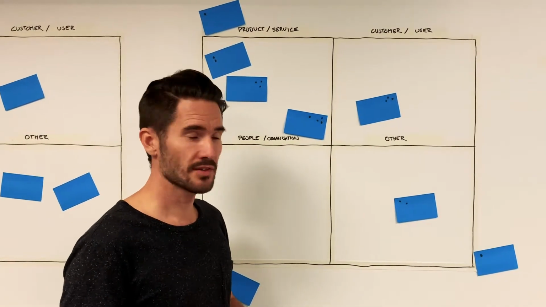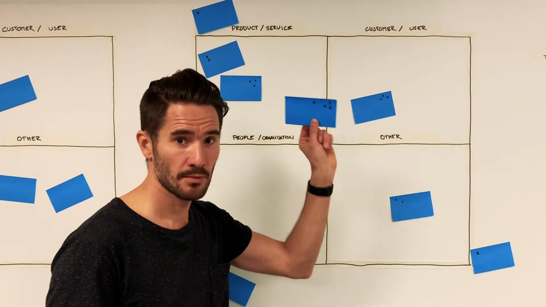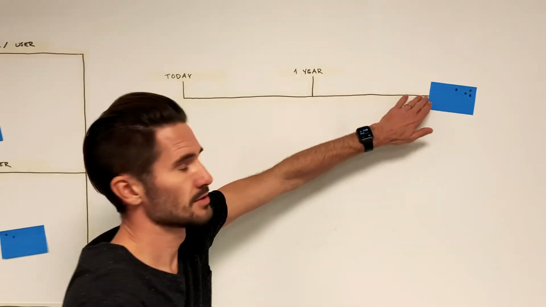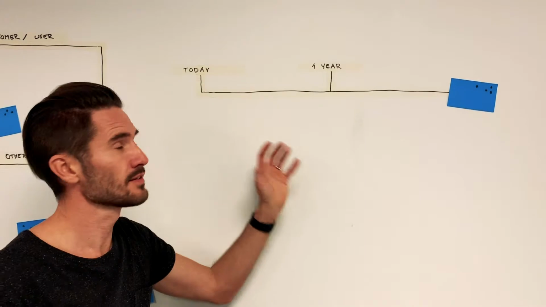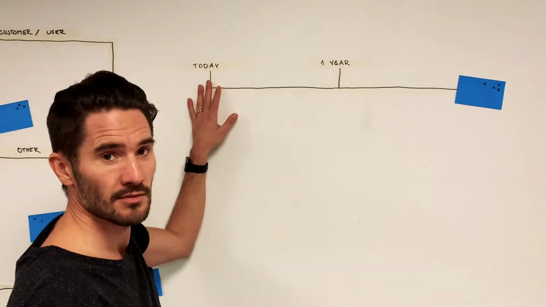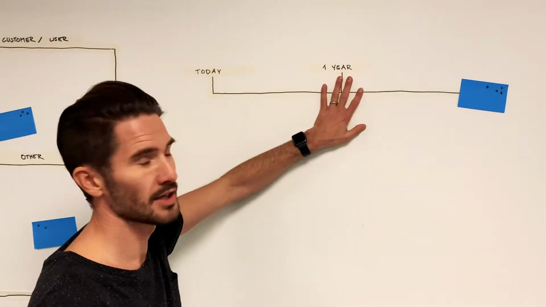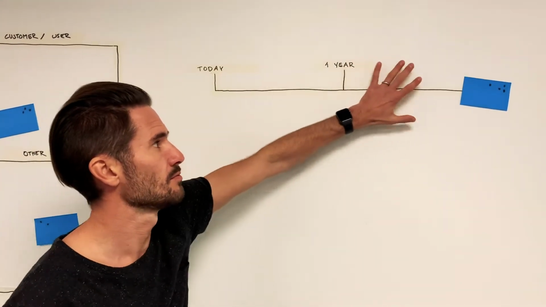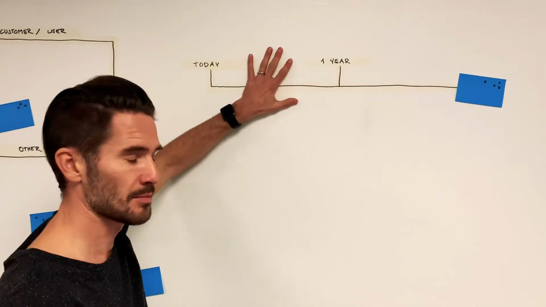And the way we do this is that you just pick the winning one and you put them on a wall like this. You draw a timeline to the left of it, which has today here as milestone and 1 year. And we do this to create 2 different parts, so 2 halves along this timeline.